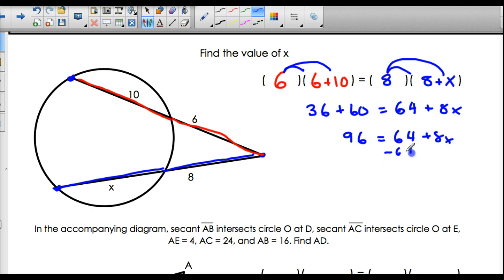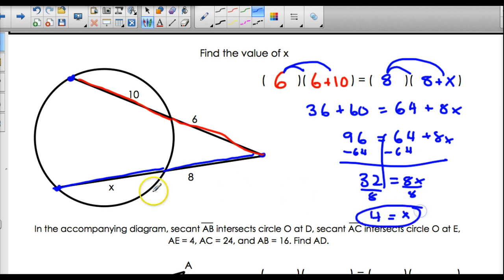Let's subtract 64 from both sides. We're just solving for x now. And what we get is 32 is equal to 8x. Divide both sides by 8, and we get x is equal to 4. So we could just fill that in there. X is equal to 4. Easy peasy, as long as you plug into your formula correctly.